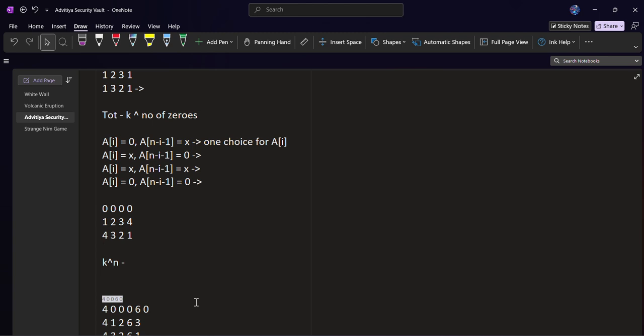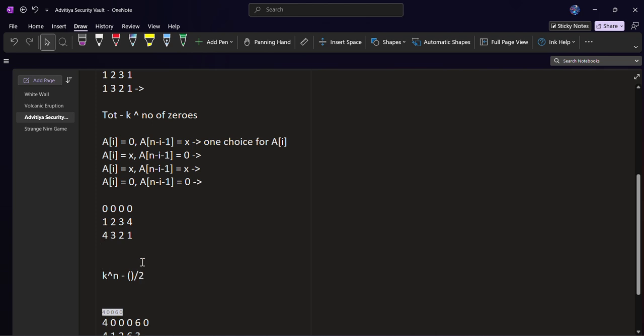So if you see that this is indeed equal to, basically for all the patterns there must exist a reverse. So the total number of combinations is k raised to power n, so we have to divide it by 2.